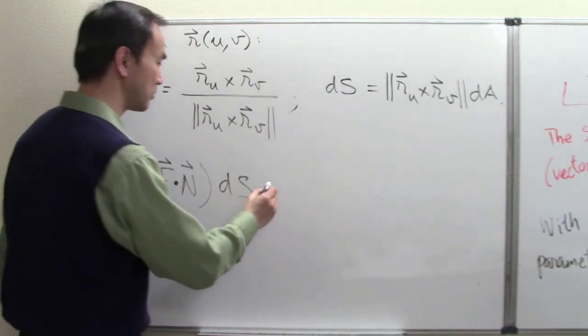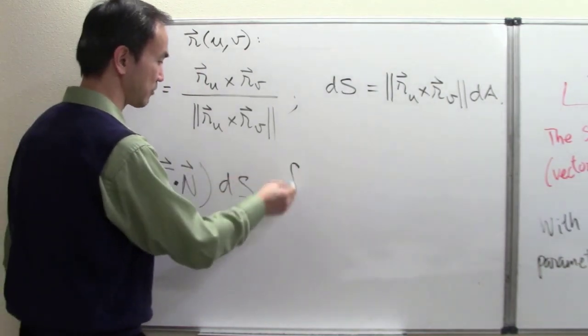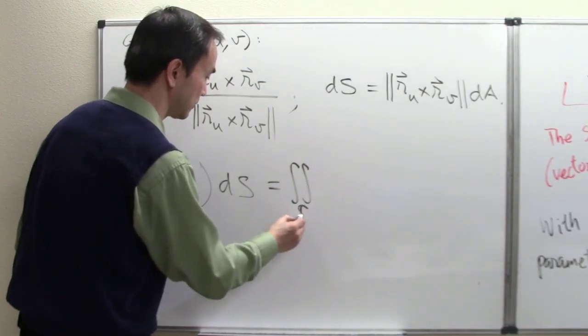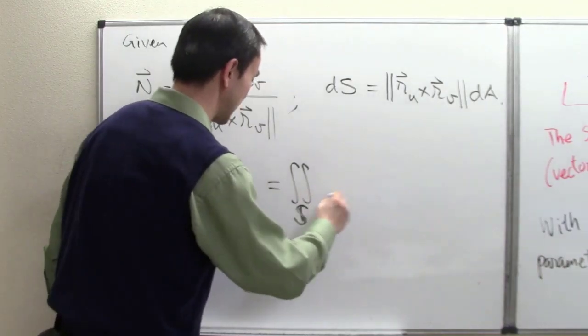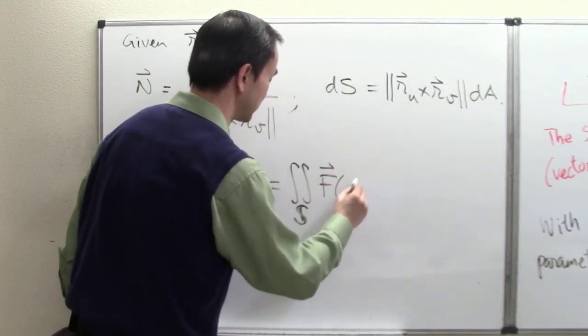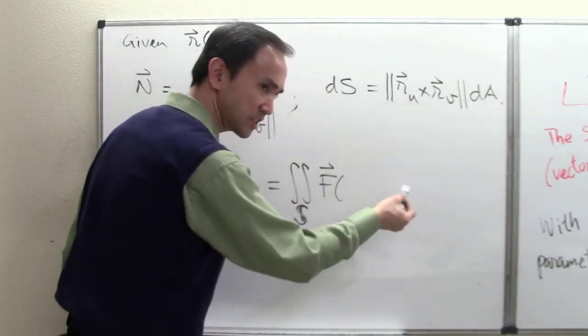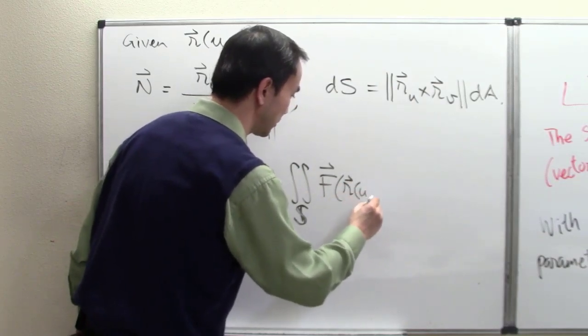But now, working it out a little further, I can rewrite this as an integral over the surface S. Every point x comma y comma z in a vector field can be expressed as a function r of u comma v.